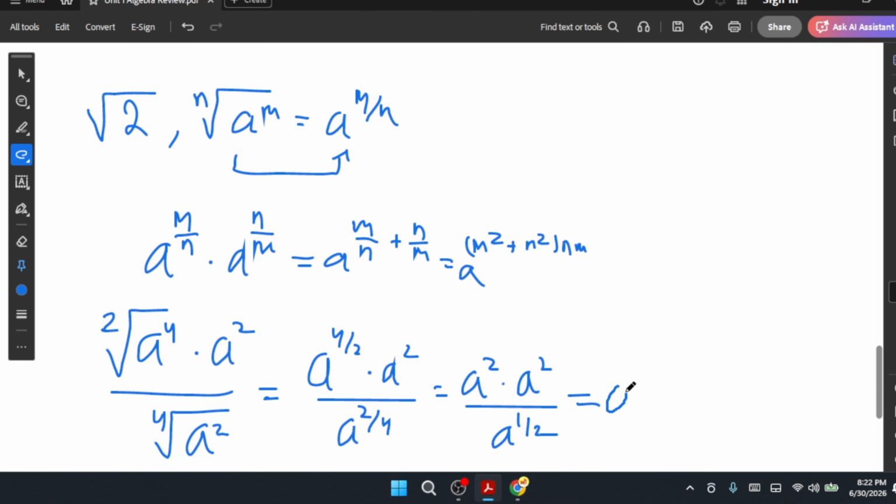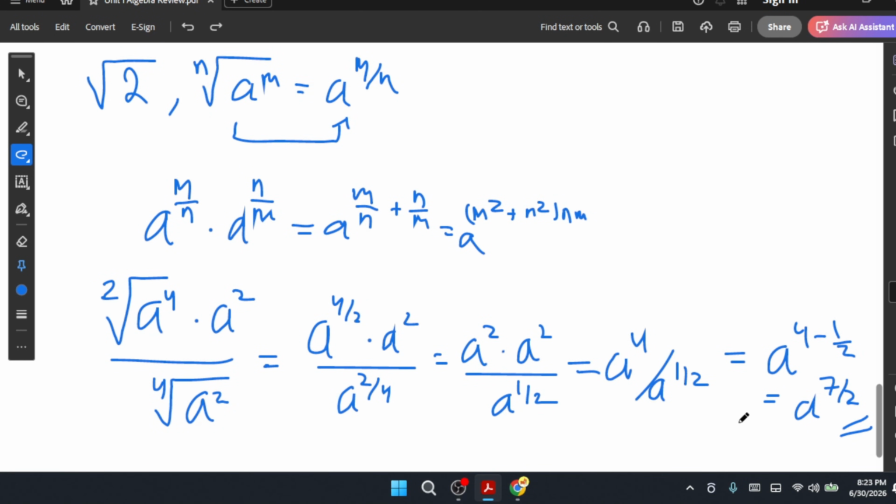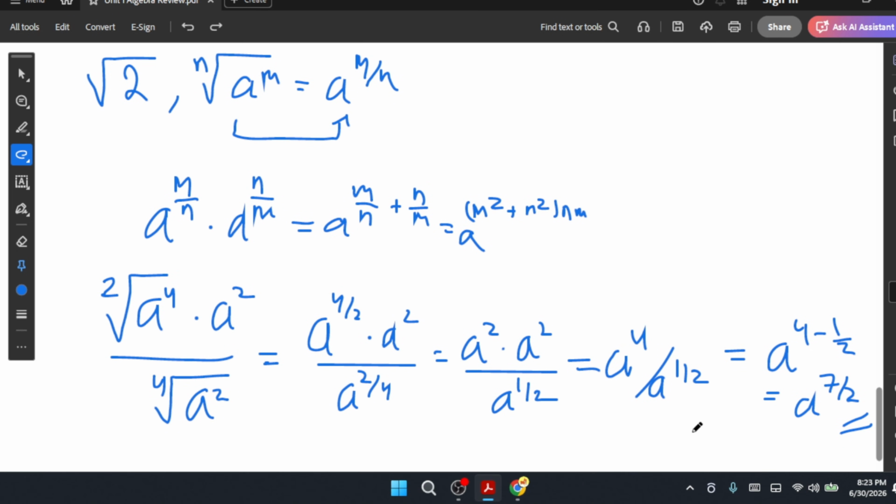What we have is a to the power of 4 divided by a to the power of a half, which equals a to the power of 4 minus a half. What we get is 8 minus 1, 7, which is 7 over 2. If we express this as a radical, we have the square root of a to the power of 7.